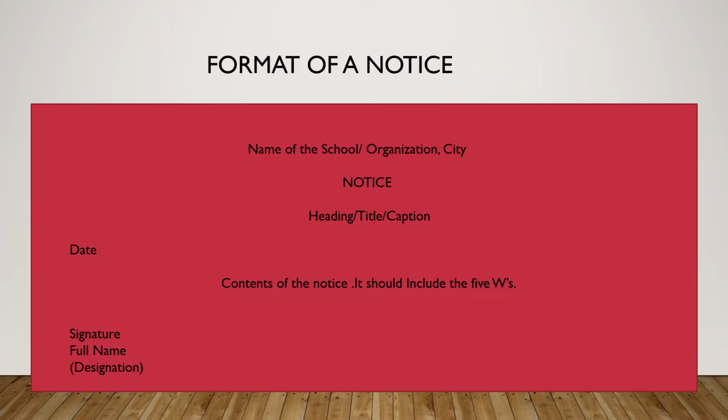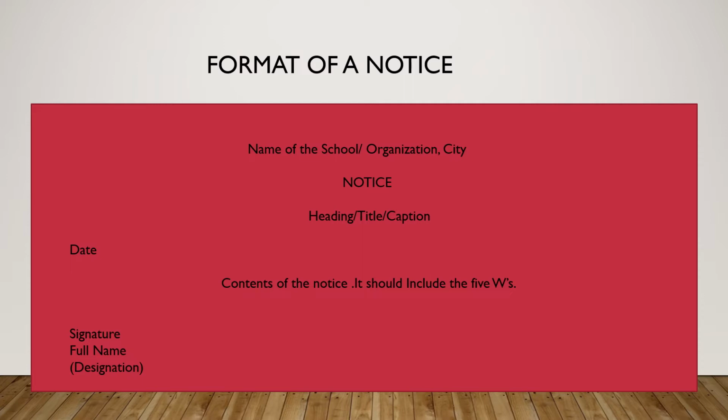I told you what the 5 W's are yesterday. Yes, it should tell us what it is, why it is organized, and when and where. When includes the date and the timings, and where, of course, is the venue.